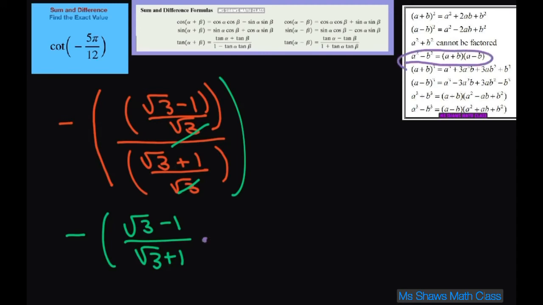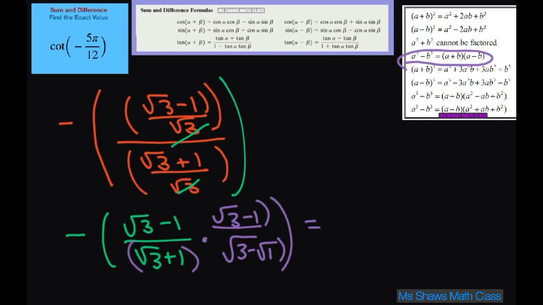So this is going to be times square root of 3 minus 1 over square root of 3 minus 1. Now, when you multiply this out, the denominator is going to give you square root of 3 squared minus 1, so that's going to be 3 minus 1.